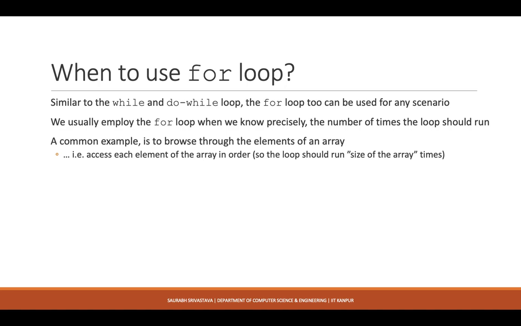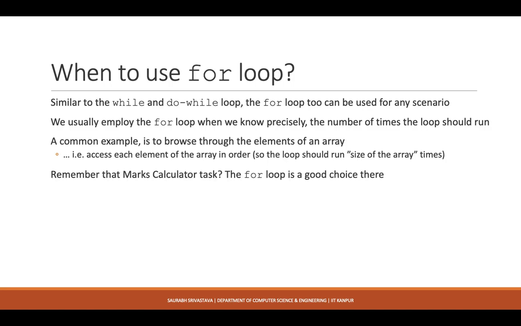We might be assigning values to them or accessing them. All you need is a loop that runs from the first index, that is 0, up to the last index, and totally the loop should run size-of-the-array times. In such cases where you already know beforehand that this loop must run, let us say, n times, it is easy to formulate a for loop using a simple variable like i.